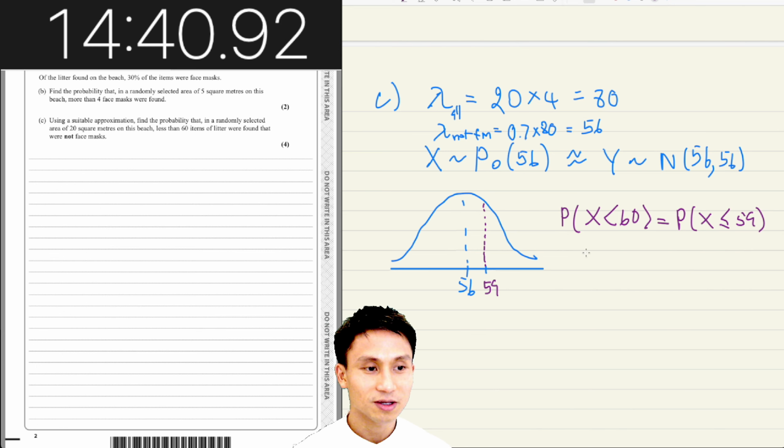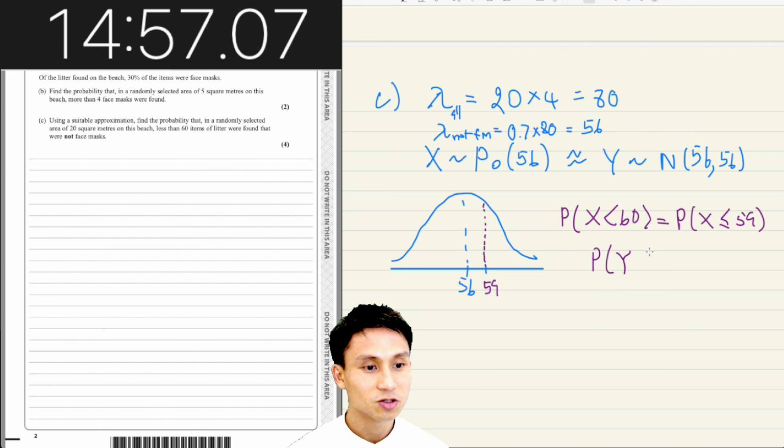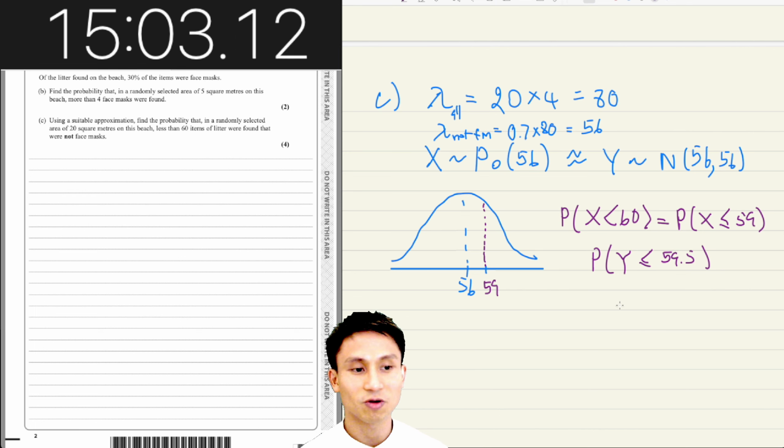That means instead of doing a 59 there for the Poisson, you're going to have to do P of Y here, because Y stands for the normal distribution. We model Y as a normal distribution, so it's got to be less than 59.5. Okay, and then we do the Z value and just find the probability there.